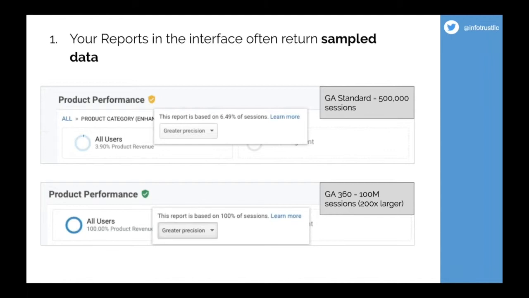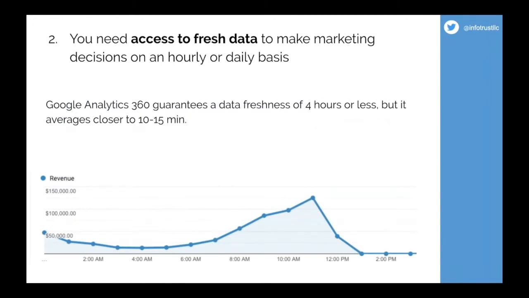One of the other big pieces is you can export unsampled data. Even if you are still seeing sampled data as a GA360 user above that 100 million sessions, you can create an unsampled report out of the interface and then utilize that. With access to fresh data, this is something we also hear a lot from some of the publishers we work with.